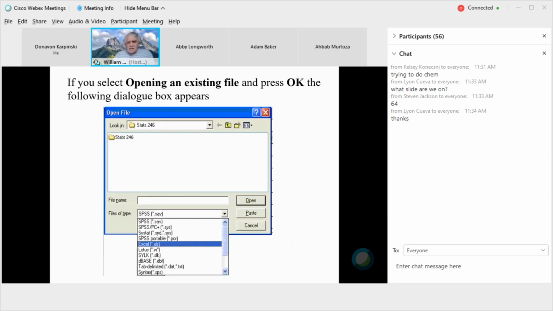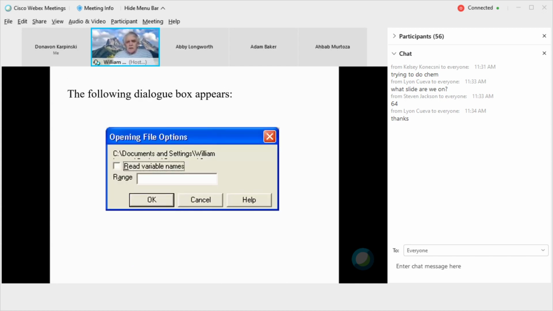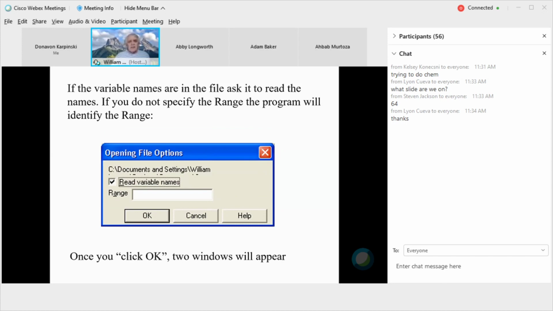If the data is in an Excel file, pick Excel. Up will come this dialog box. If the variable names are in the first row, you click that. And if the data is in a certain range, you specify the range. If you leave that blank, it'll just read everything in the table.